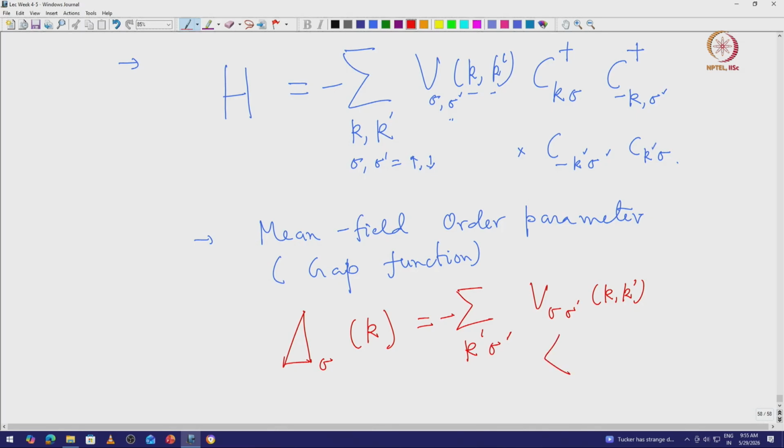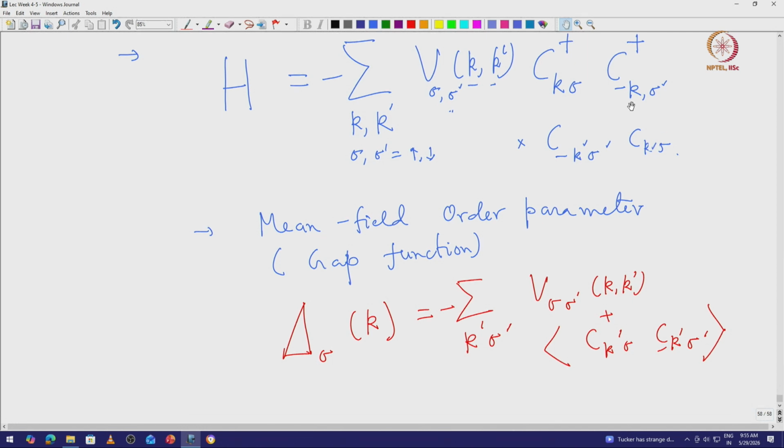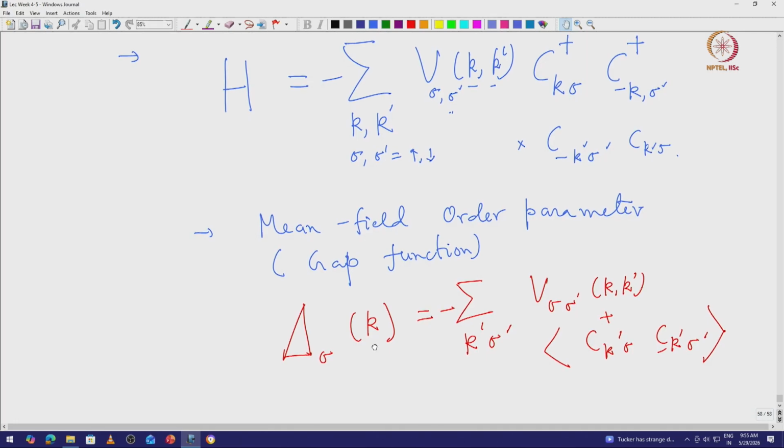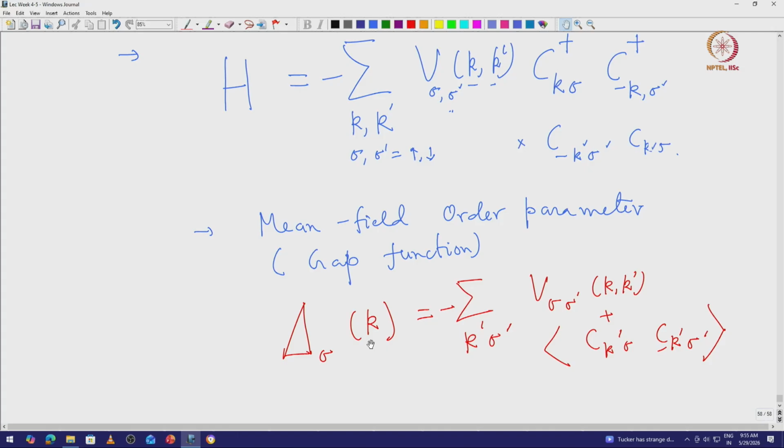This is a number, and then the expectation value of this quantity. I change the k to k prime to define something as an energy gap for a given spin at a given wave vector k, which will be summed over k prime.